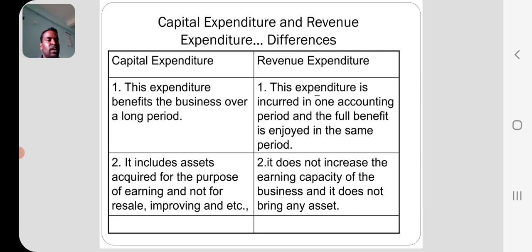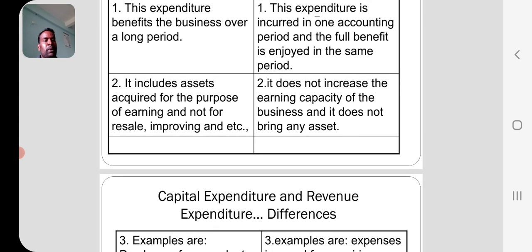Revenue expenditure is incurred for only one accounting period and the full benefit is enjoyed in the same period, means only for a particular accounting period or particular financial year. Okay.